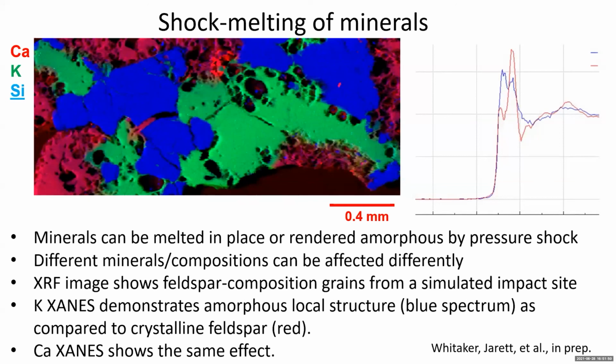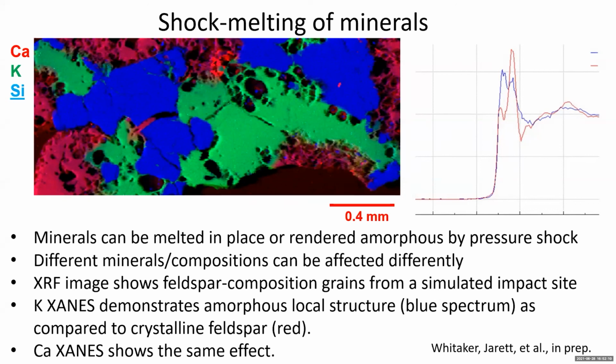The potassium XANES shown on the right, the blue spectrum, demonstrates that the local structure is amorphous. It's not crystalline. The red plot is an example of a standard feldspar potassium XANES. So this can identify amorphous versus crystalline phases.